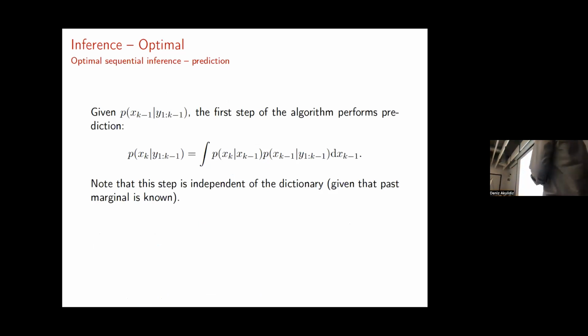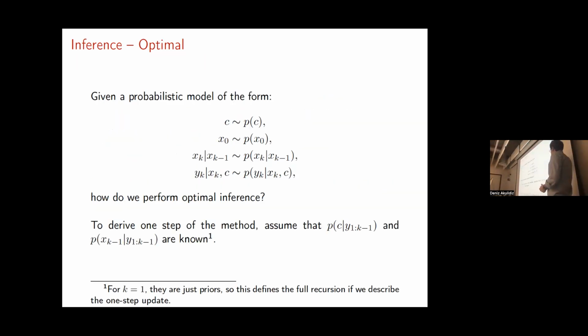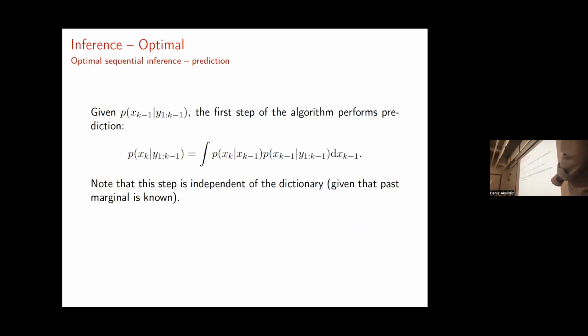In this case, the first step is easy. If you have these distributions, the first thing you do to predict xk is integrate over the transition model. It has nothing to do with C. So the first step is you get the predictive distribution: you take your previous distribution, this is called the filtering distribution, integrate out xk minus 1, and you get your predictive distribution.